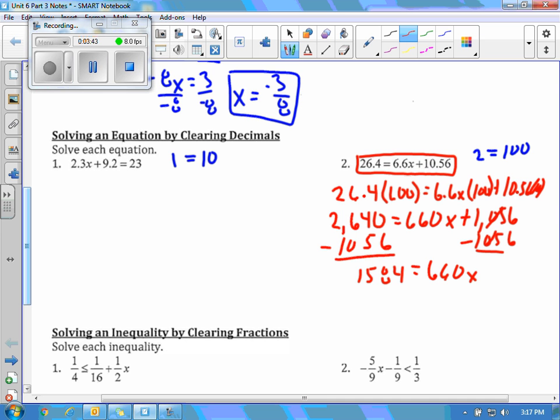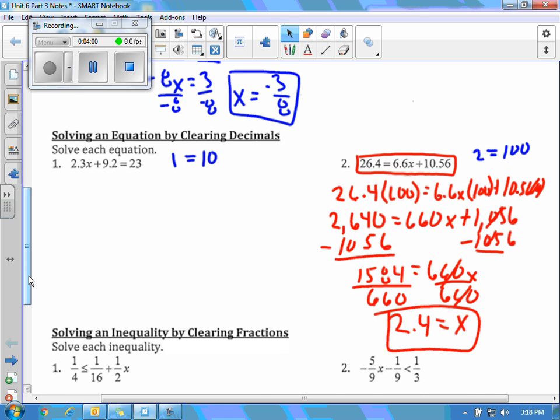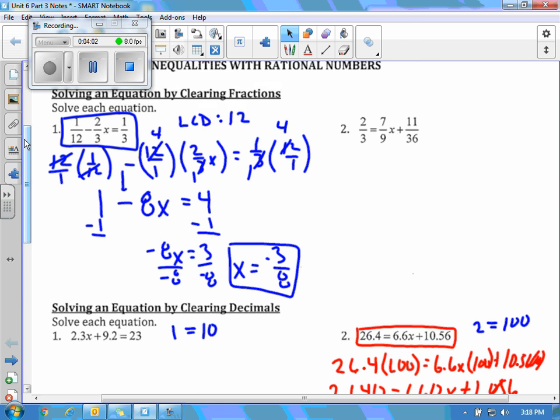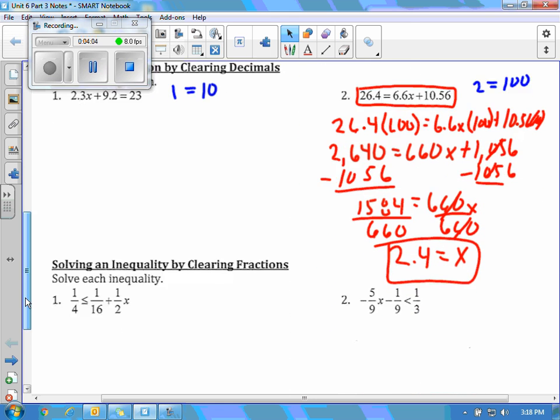Now, since my answer started in decimals, I'm totally fine having my final answer in decimals as well. So 1584 divided by 660 is going to give me 2.4, which will be equal to x. So if my original problem started in a fraction, I ended in a fraction. If it started in decimal, I ended in a decimal.